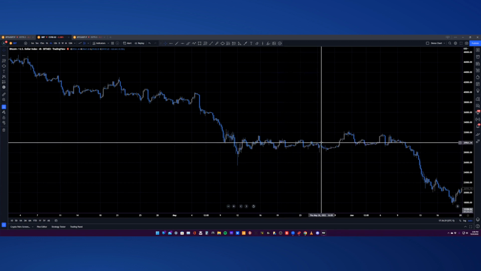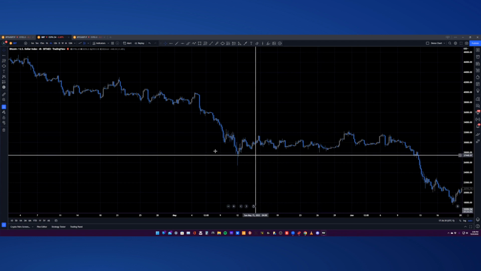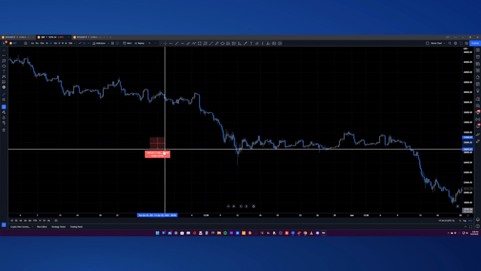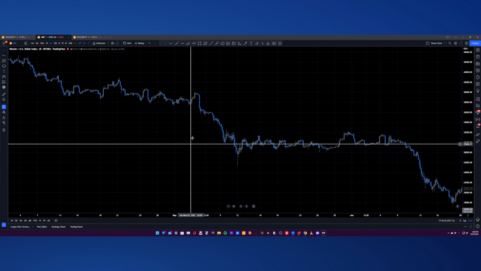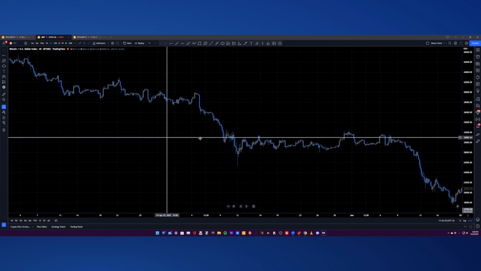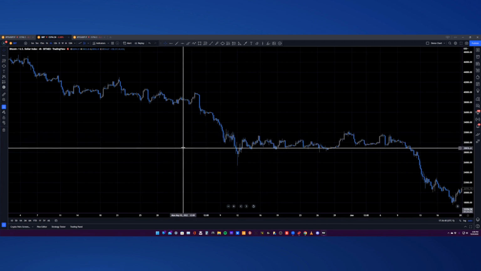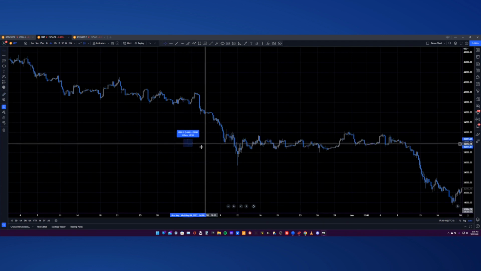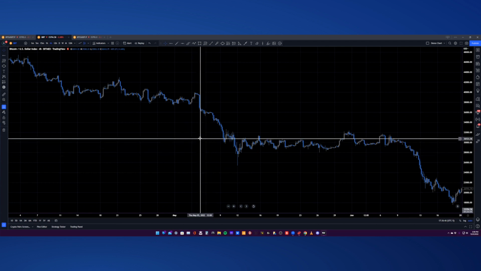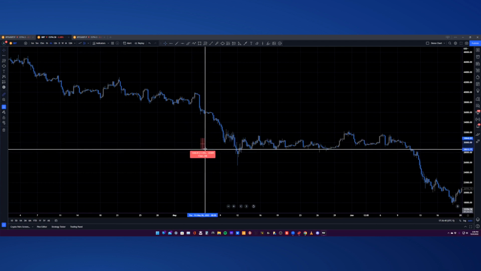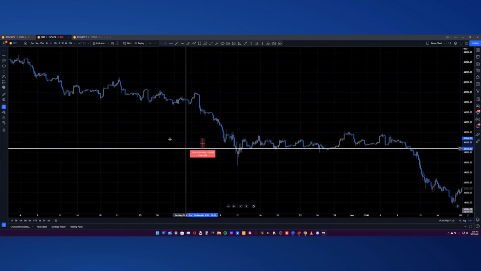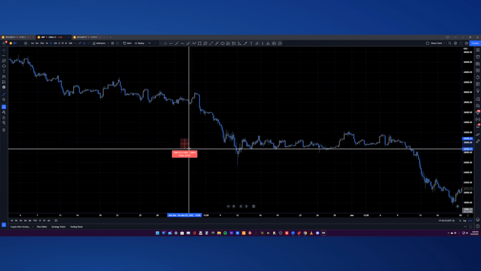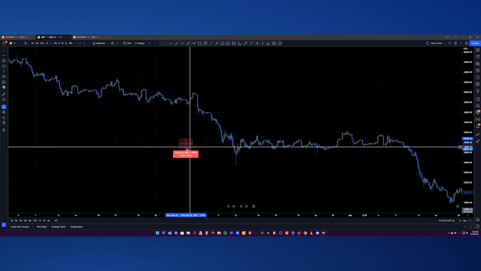These look like small moves, but I promise you, they're pretty decent. Like that one's 7%. I'm measuring over here to the side. That low to that high is 5%. These are nice trades, you know what I mean? 7%, that was that one.